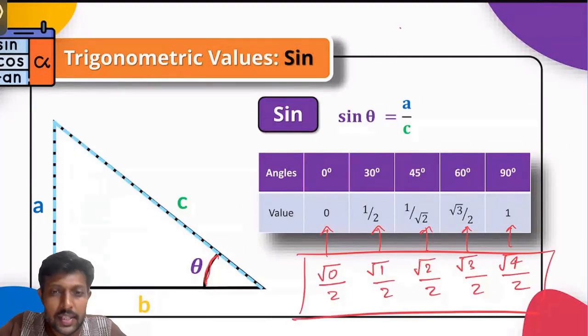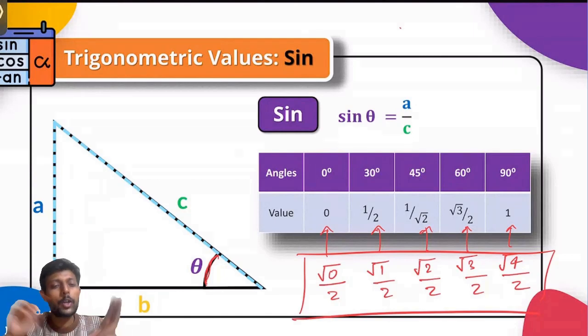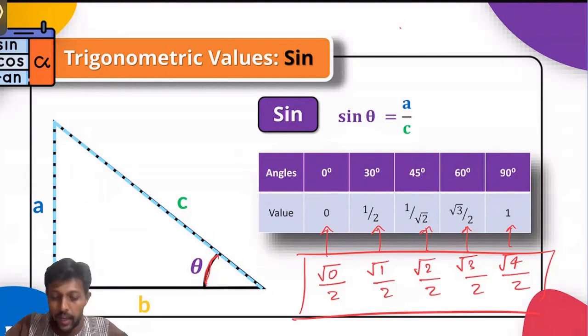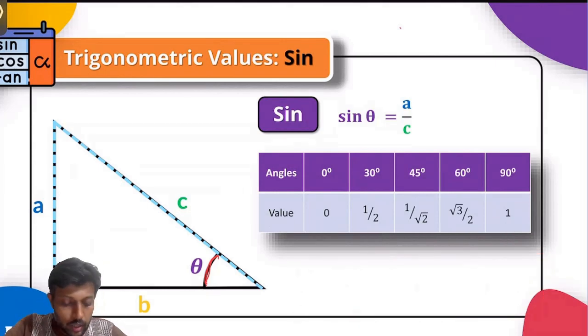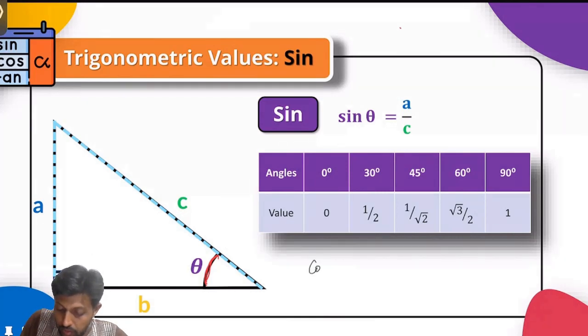Now, if you remember sine, for cosine, what you need to do is just flip these values. Okay. So that's what we are going to learn today also. So I'll just show you. Whatever is sine 0 degrees, the same value is cos 90 degrees. So this is cos 90 degrees.